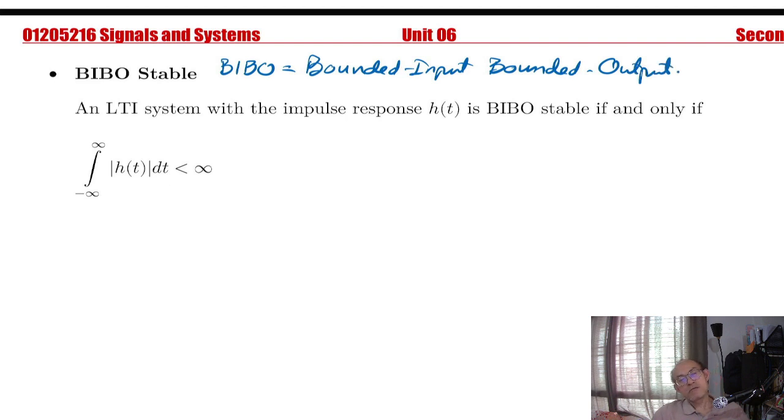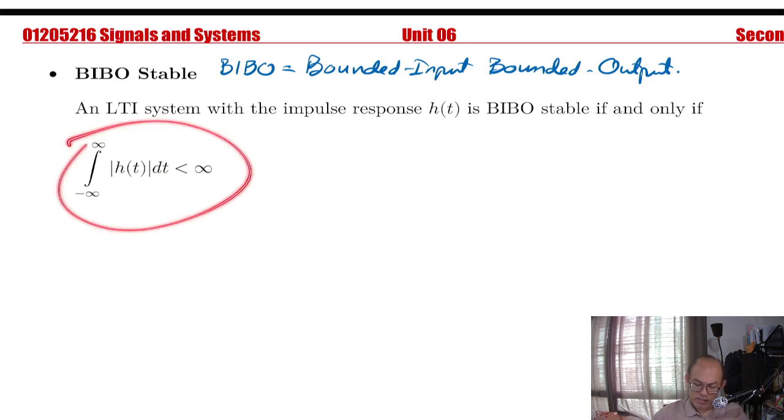To determine whether an LTI system is BIBO stable is easy. You perform this integration and see if the result is finite or not. If the result from this integral is finite, then the LTI system will be BIBO stable. But if the result from this integral is not finite, then such an LTI system will not be stable. Okay, so easy.